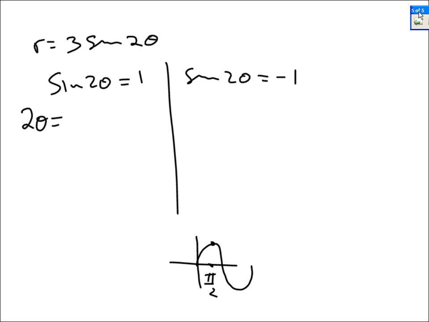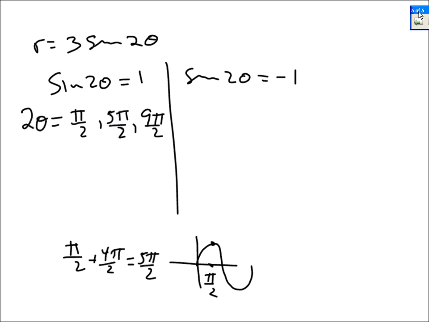So 2 theta can be pi over 2. Now, if you want to add 2 pi, just know 4 over 2 is 2. Add 4 pi over 2, get 5 pi over 2. Add 2 more, get 9 pi over 2.